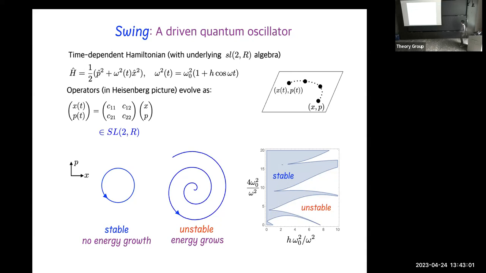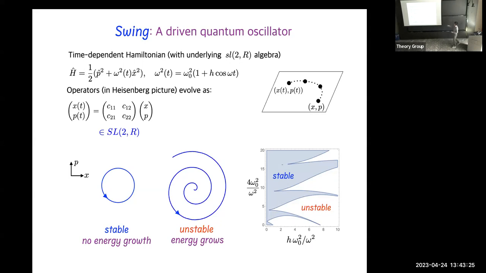So when we study the operator evolution in the phase space, we can find that X and P will evolve in time. In this phase space, it is determined by a 2x2 SL2R matrix.